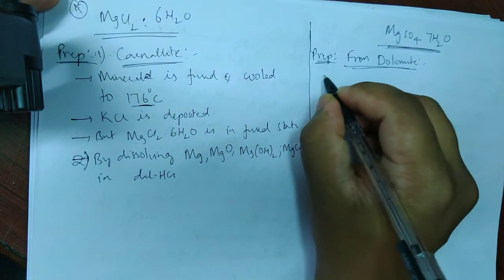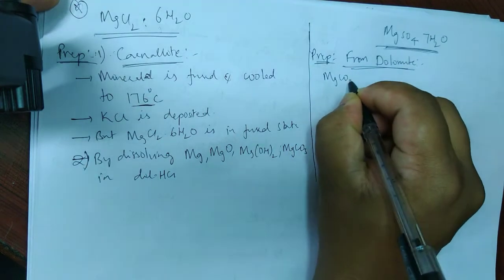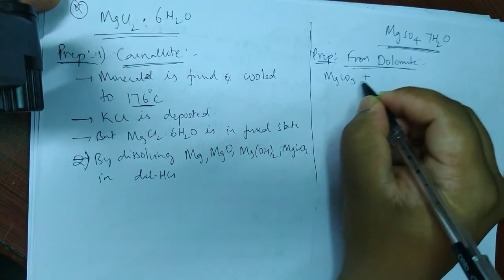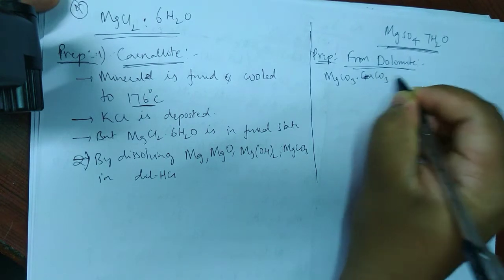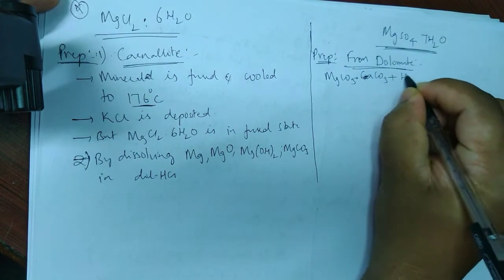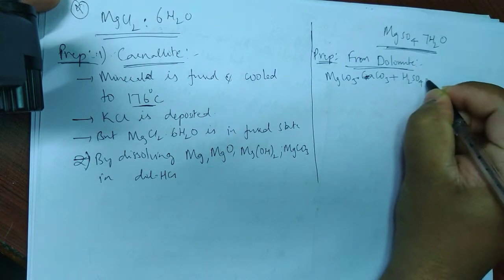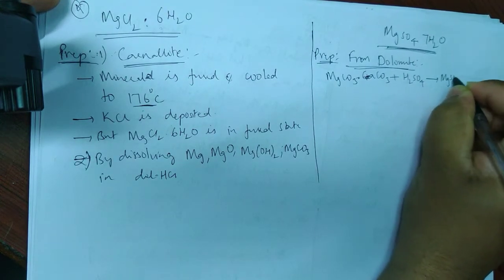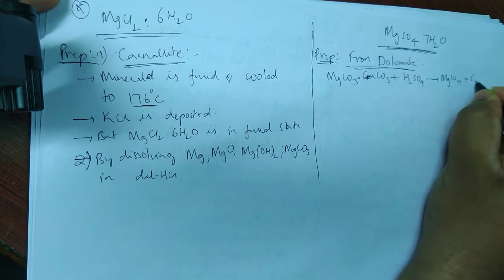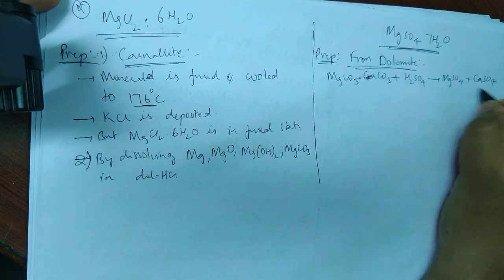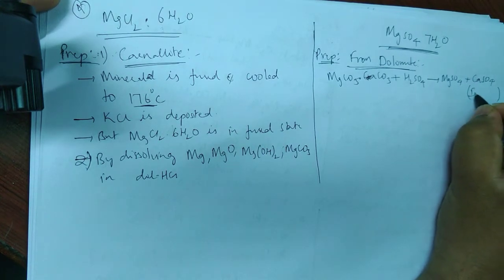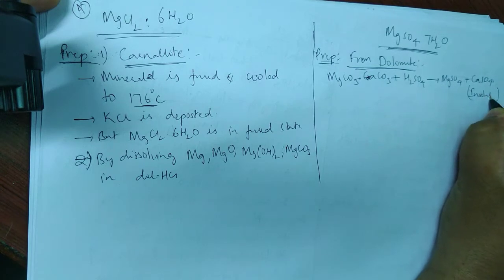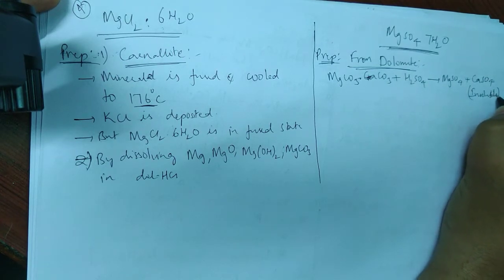So from dolomite, MgCO3.CaCO3, on treating with sulfuric acid, will form magnesium sulfate plus calcium sulfate. This calcium sulfate, compared to magnesium sulfate, is it soluble or insoluble? We have spoken about this already. It is generally insoluble.